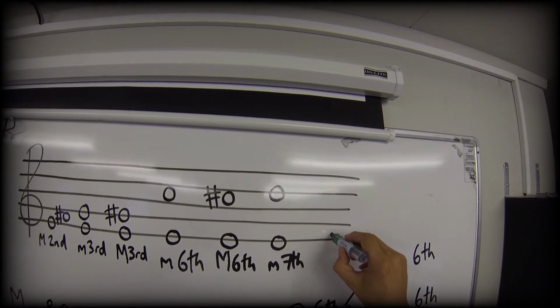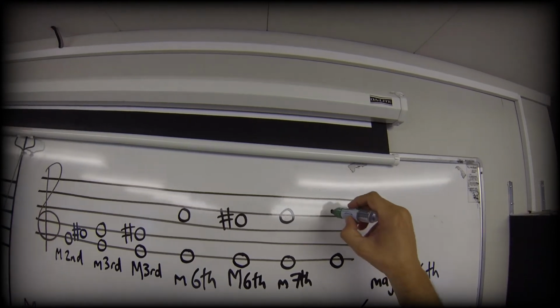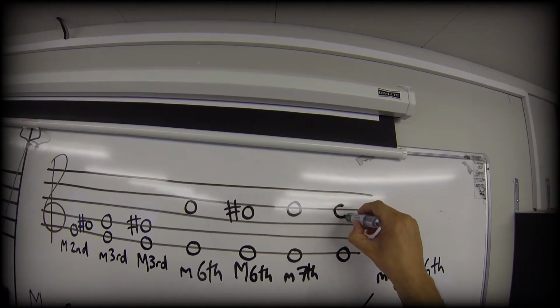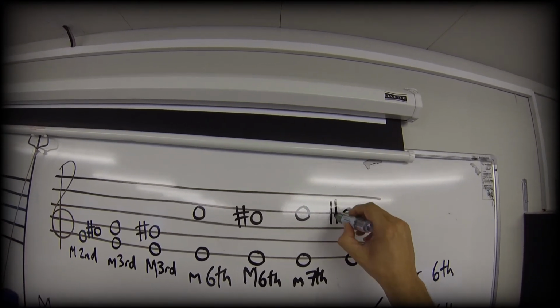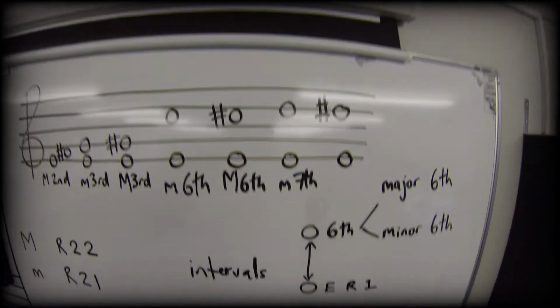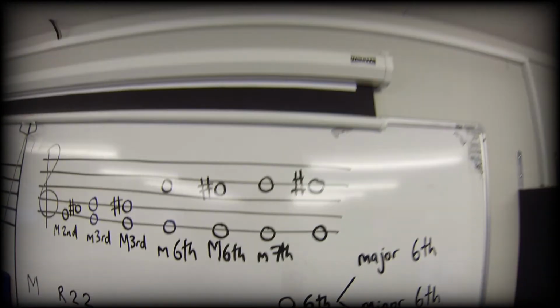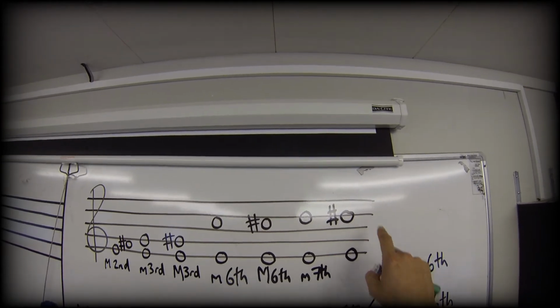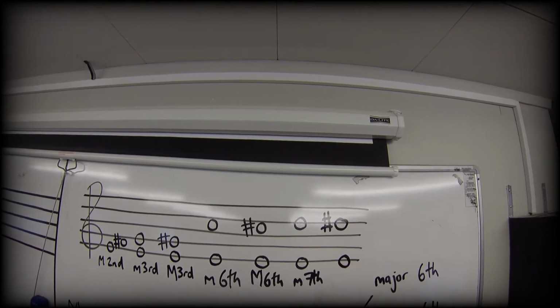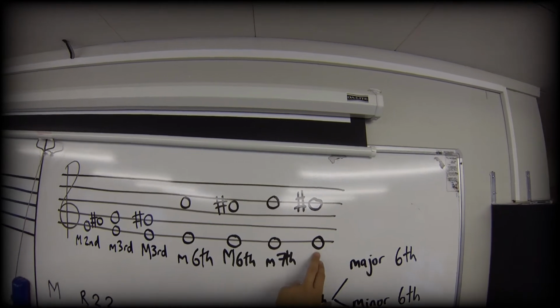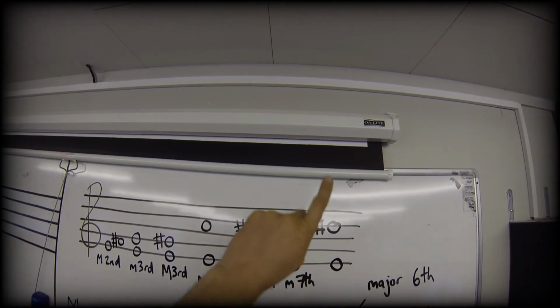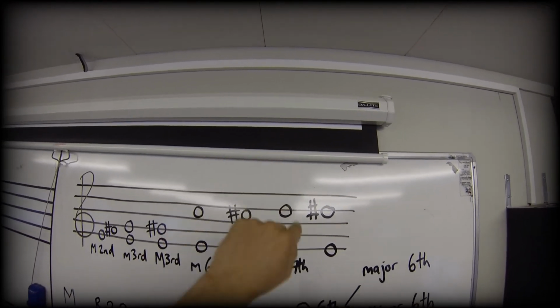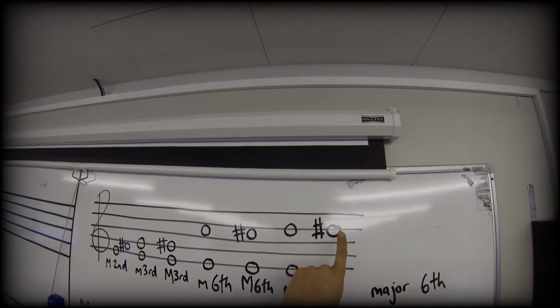And then our last interval before we reach an octave, which again is a perfect interval, is this one. I'll just reset my E here. La, la. That's the closest I can get to a full octave. This would be a full octave.